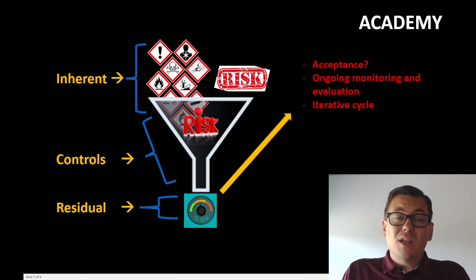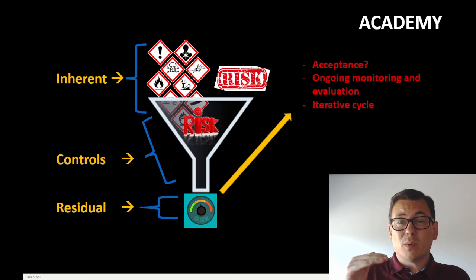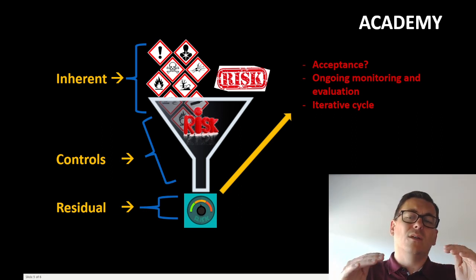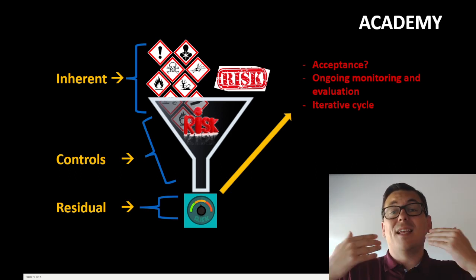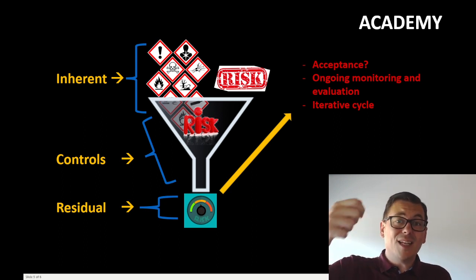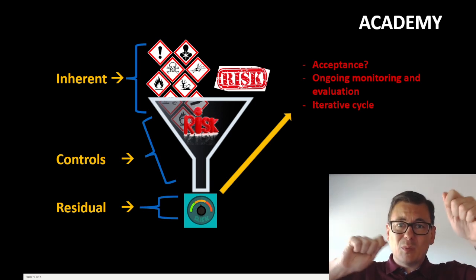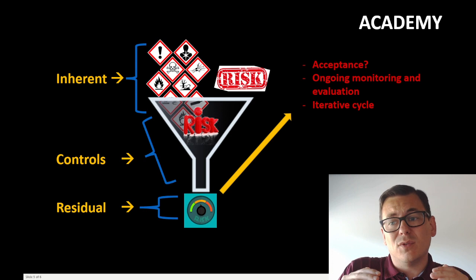So is the level of residual risk good enough for us? Do we want to take that risk? It can never become zero, but it can become quite low. And we need to find the level where we accept this risk. Otherwise, we need to look back at our controls and the inherent risk to see, can we optimize it? Can we adjust somewhere so we get a lower residual risk until we reach our tolerance level?